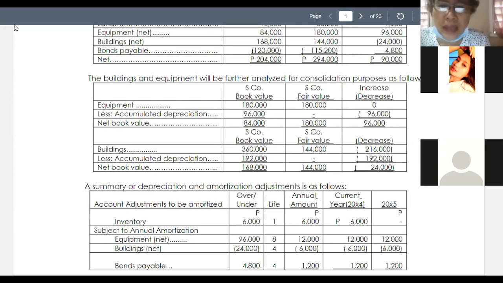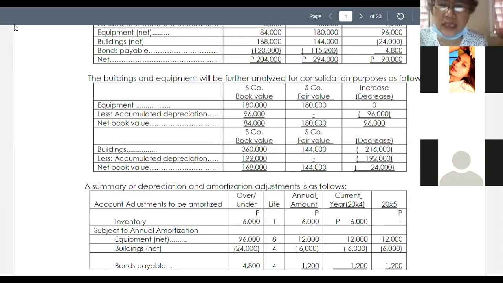Now, the bonds payable, there is a difference in the months payable. The book value is 120,000. The fair value is 115,200. In other words, there is an amount of 4,800 which we analyzed yesterday and called discount on bonds payable.